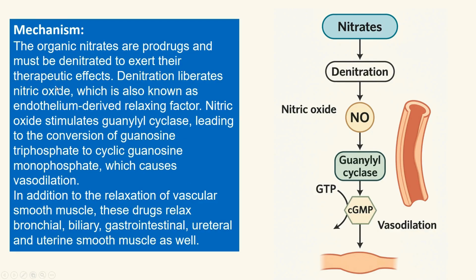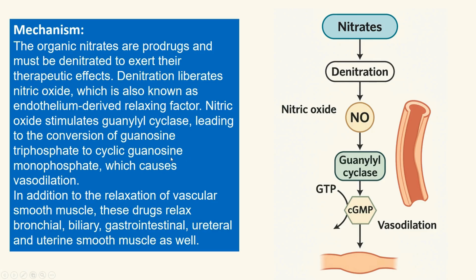Nitrates are prodrugs, and they become denitrated to exert a therapeutic effect. Denitration liberates nitric oxide, and that nitric oxide activates guanylyl cyclase, and eventually it leads to cyclic guanosine monophosphate, which causes the vasodilation.